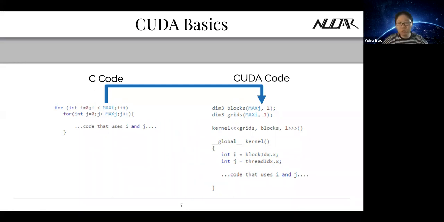The CUDA kernel can do the same thing, but uses blockIdx and threadIdx, as you see here. Those parameters are associated with the kernel you launch, so you can split your problem and send your kernel to be computed by each thread.